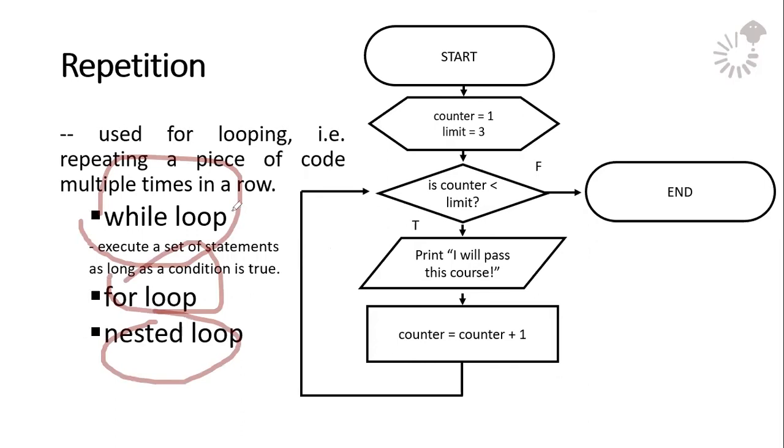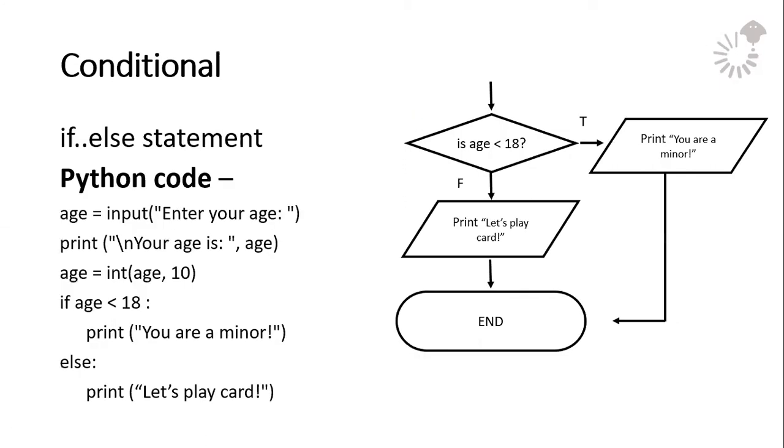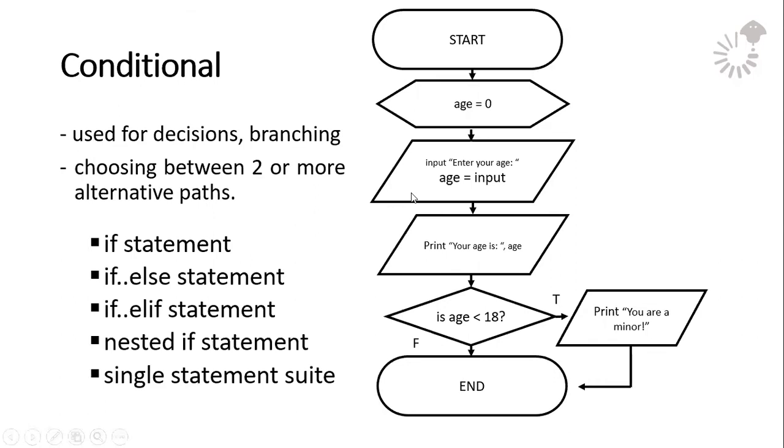Depende sa logic. Okay? So, yun yung importance. Bakit kailangan natin identify if it's sequential, conditional, or iterative control structure. Okay? So, let's discuss each. For conditional, we have if statement, if else, and nested.